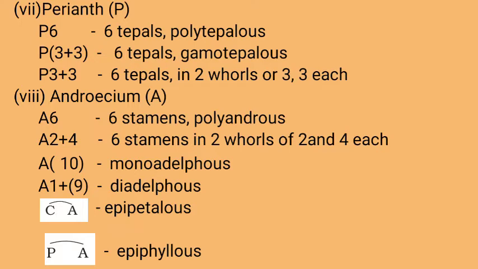Here C and A connected by a line means stamens are fused with the corolla. If the signs P and A are connected by a line on the top, it is called the epiphyllous condition, which means the flower contains tepals associated with the stamens of that particular flower. This is called the epiphyllous condition.